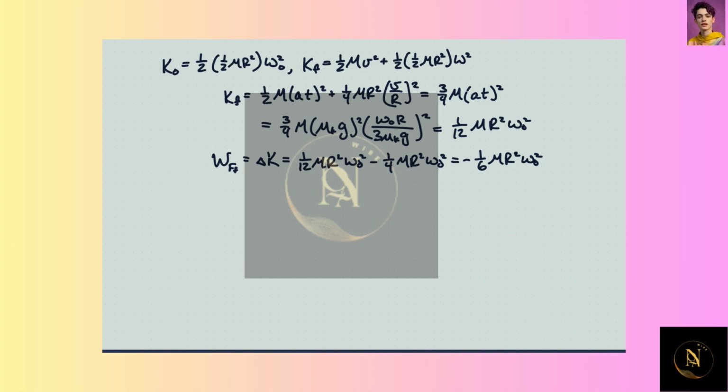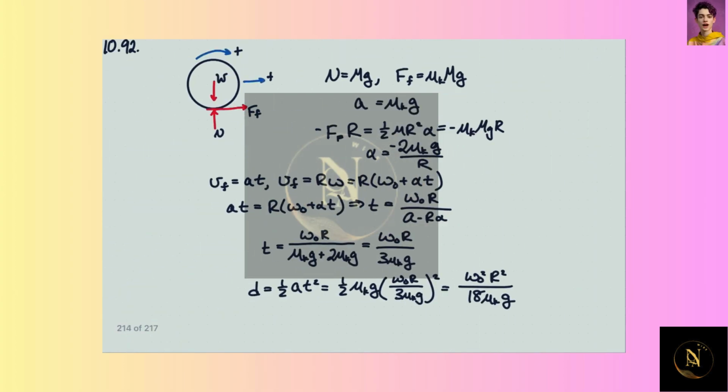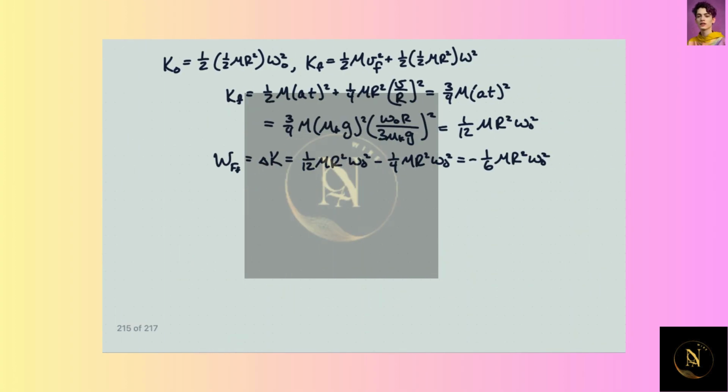Now we see that we have values. We know that V is A times T, so this would be VF. And I call this omega F over here, the angular velocity when it starts rolling without slipping.